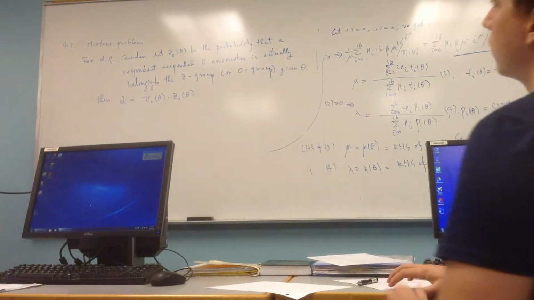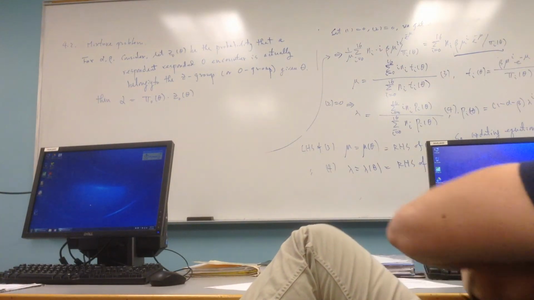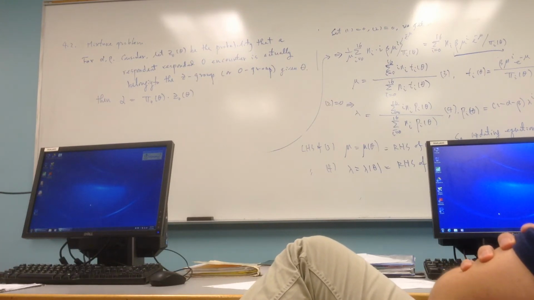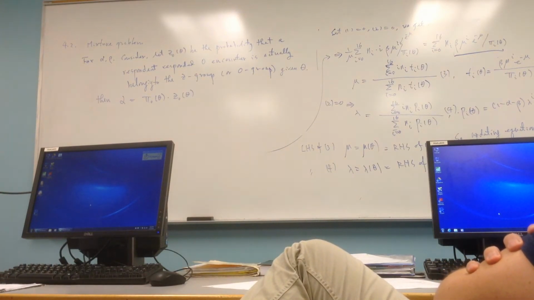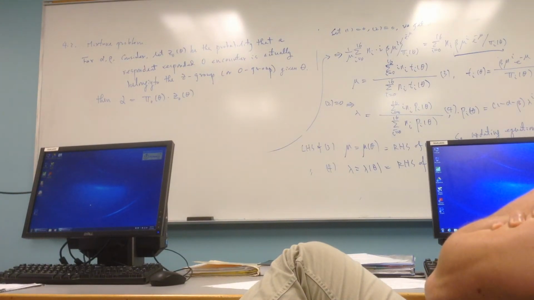What's the pi 0 theta? The pi 0 theta is the distribution of how many people actually responded by 0. Suppose you have 10 people respond 0.